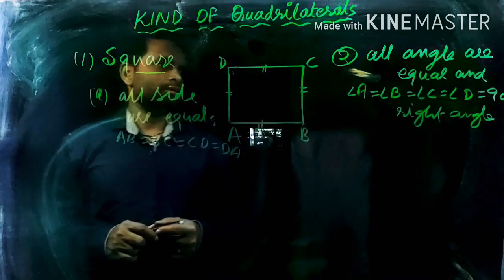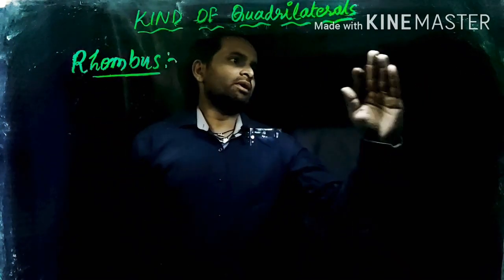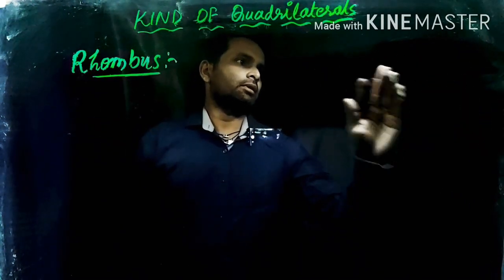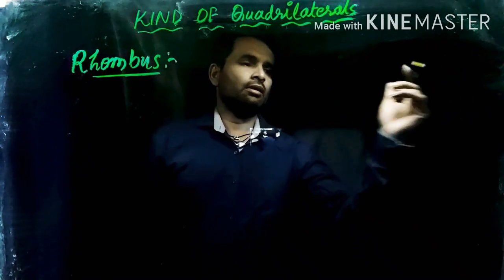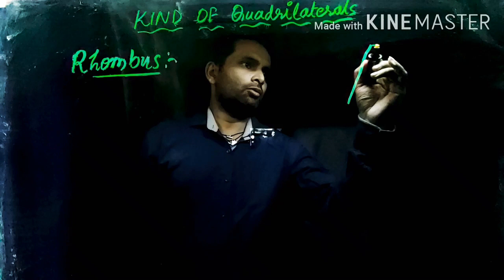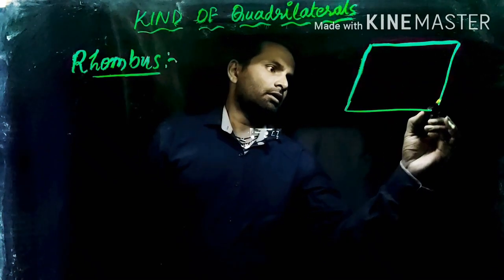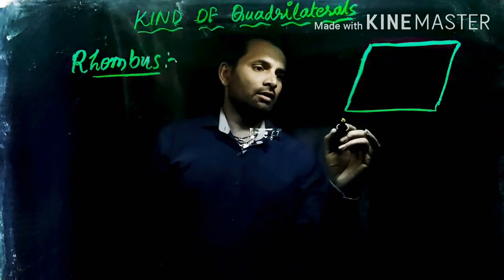Okay, and there is the rhombus. A rhombus is a very special quadrilateral. A rhombus is like a square, but not all angles are equal.